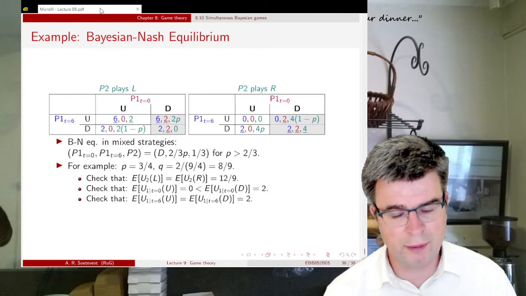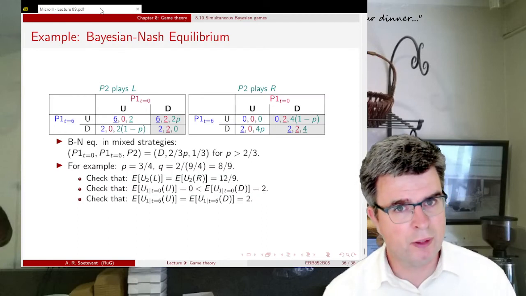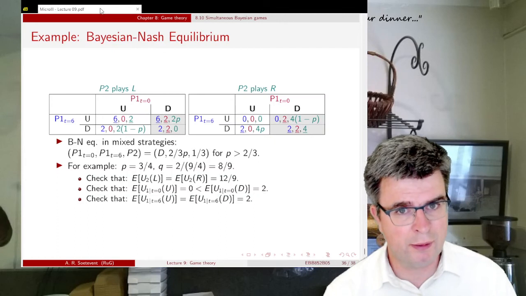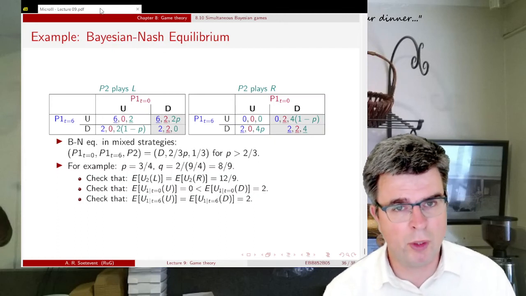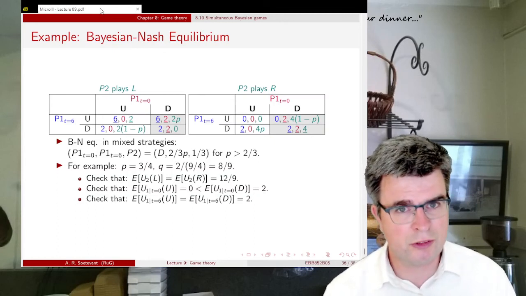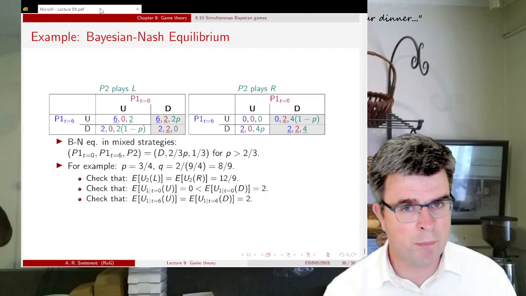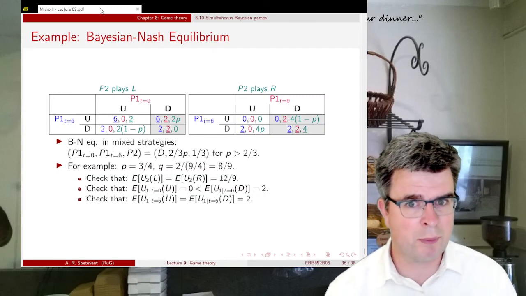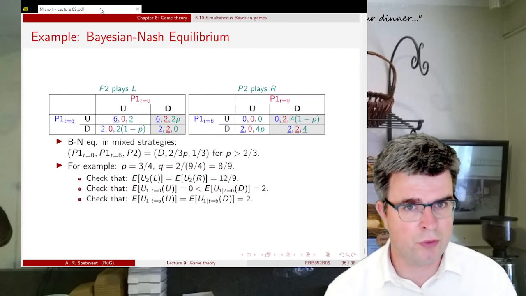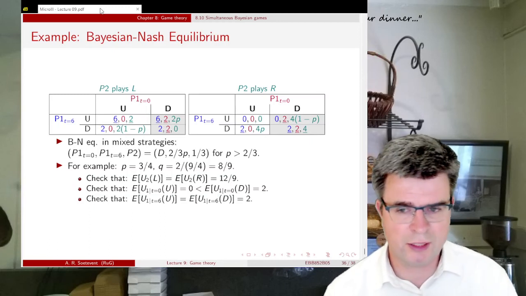And then you can check that for player 2, given that player 1 follows his equilibrium strategy, player 2 will be indifferent between playing right or left. In both cases, his expected payoff will be 12/9. So please check that yourself.